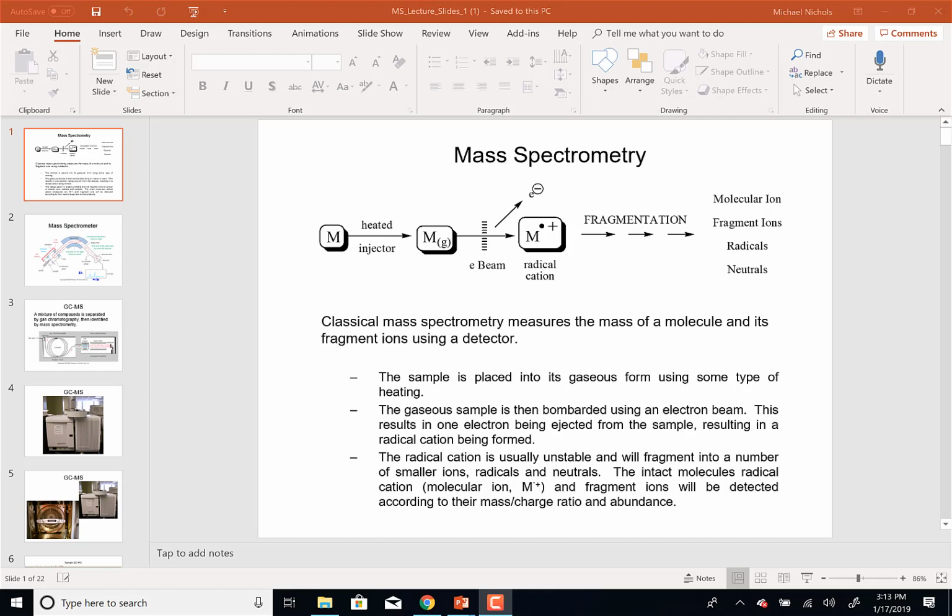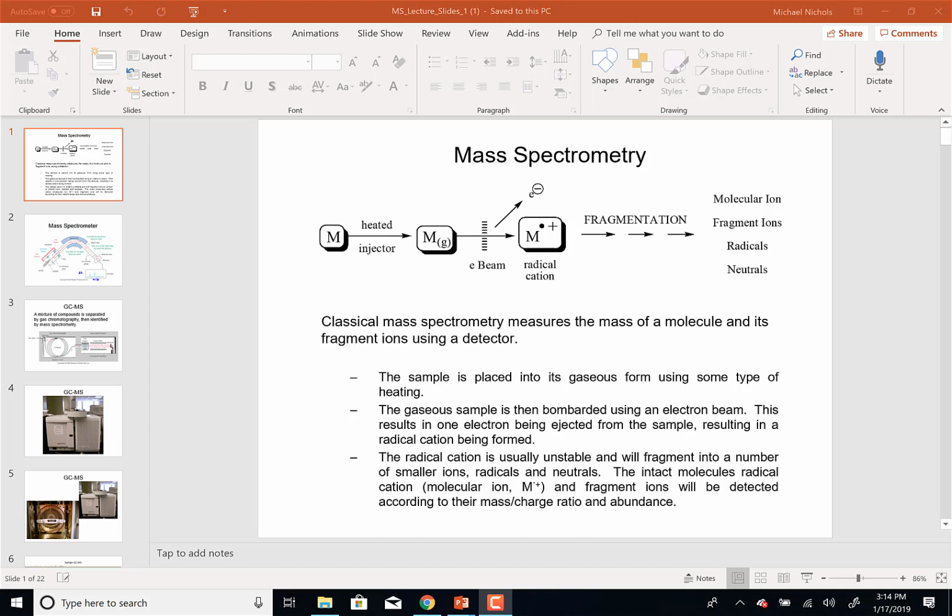And then once it's in the gas phase, then I have to break it apart into what's called a radical cation. So it's going to have both pieces. And the easiest way to do that is to basically pass the molecule through an electron beam. So I have this beam of electrons, and that beam of electrons is going to smash into the molecule, and it's going to kick out an electron from somewhere in the molecule.